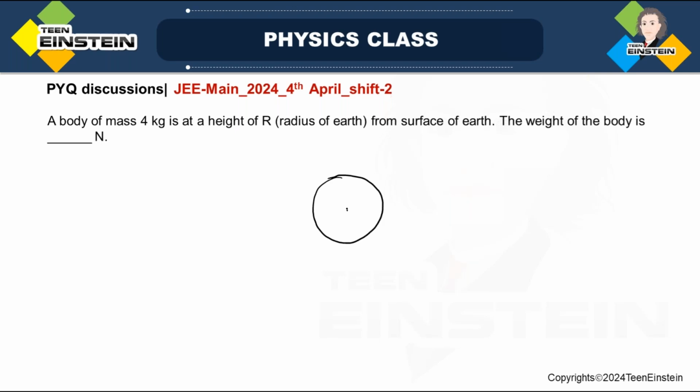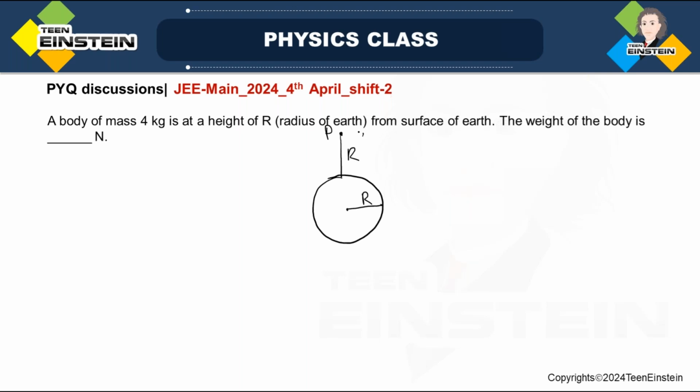Suppose this is the earth, it has radius capital R, and there is an object exactly r distance away from the surface, at this position, say P. What will be the weight of the body? The mass of the body is given as 4 kg.